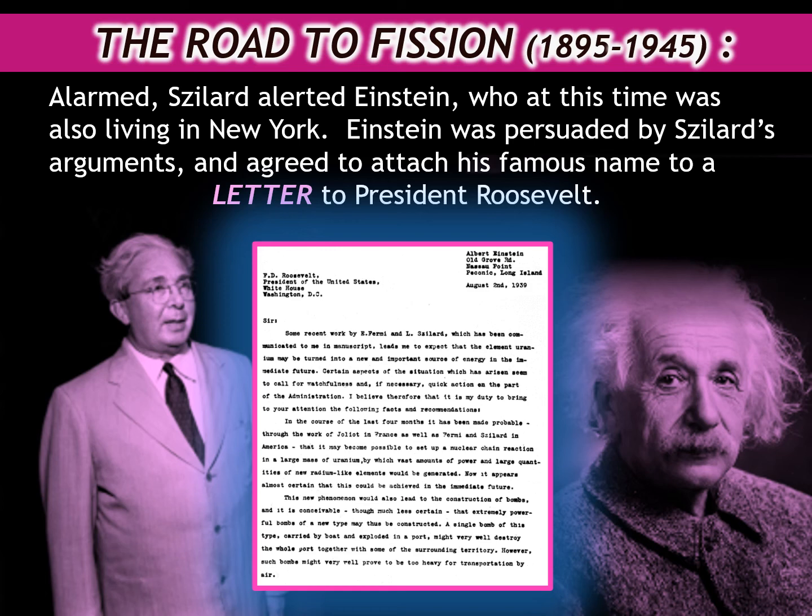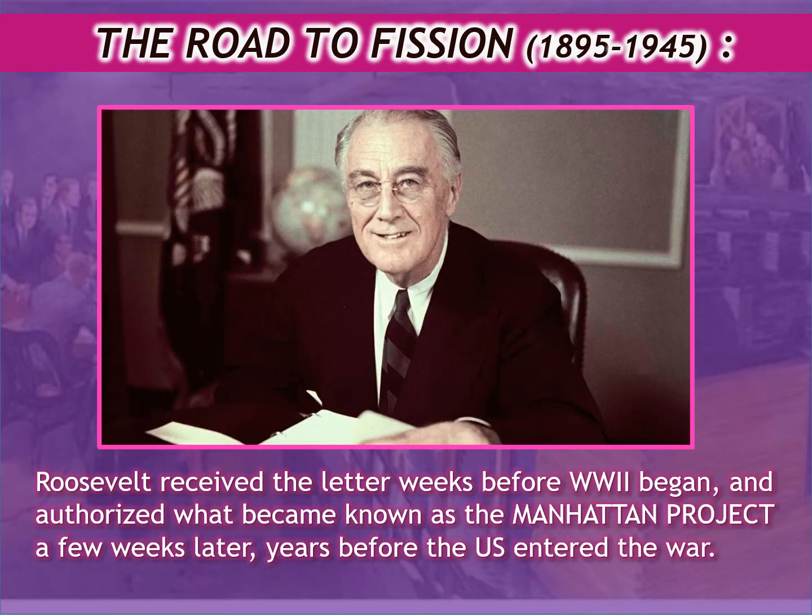So he visits Einstein. Einstein listens to Szilard, understands what he says. They both work together to write a letter. Szilard does most of the writing. And eventually, the final draft of the letter, Einstein puts his name on it, and they send it to President Roosevelt. The idea was that since Einstein was the most famous scientist in the world, a letter coming from him would have special weight.